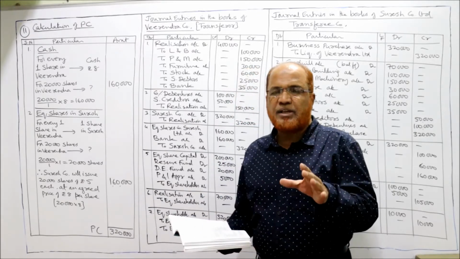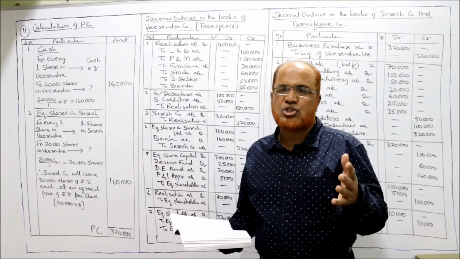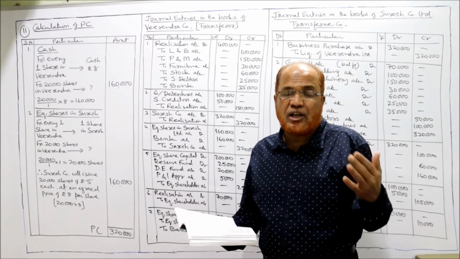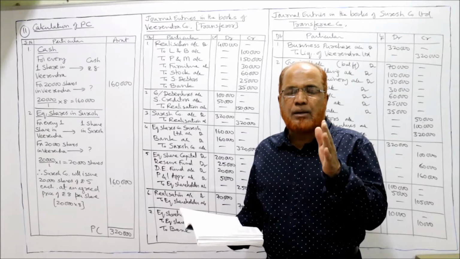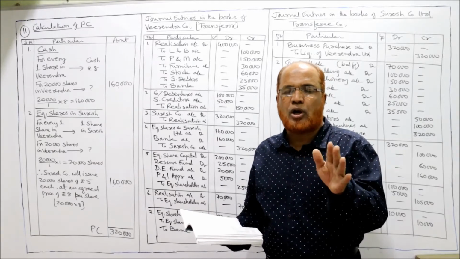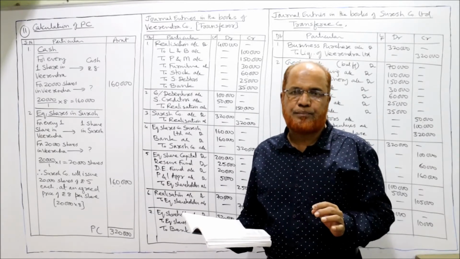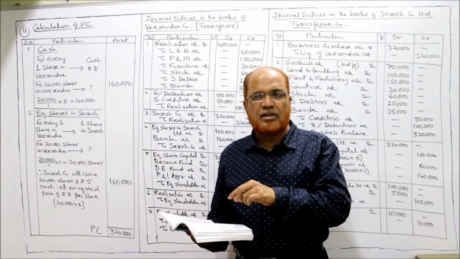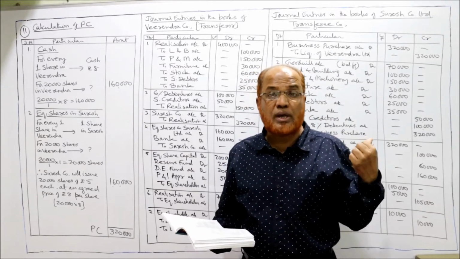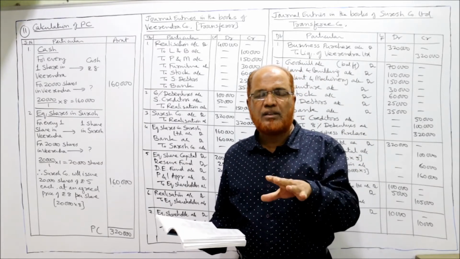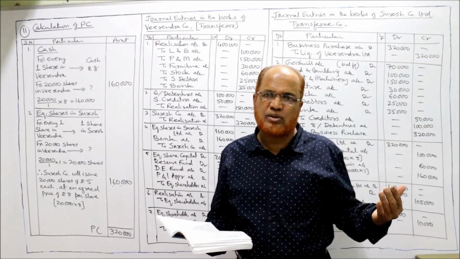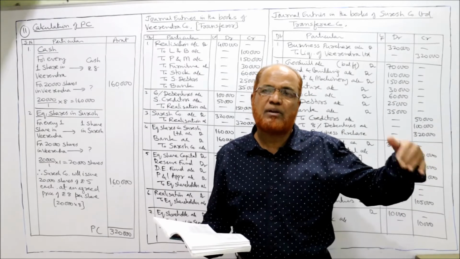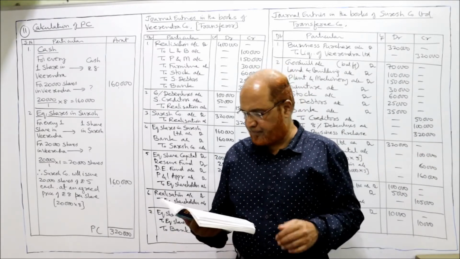See here, the debentures of Virendra Company are discharged by the issue of new debentures of Suresh at 5% premium. But payment to debenture holders will not be a part of PC. So this entry will be written only in the books of Suresh Company Limited.